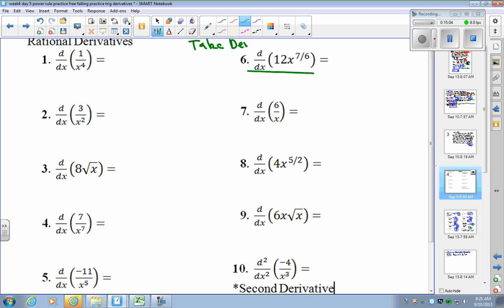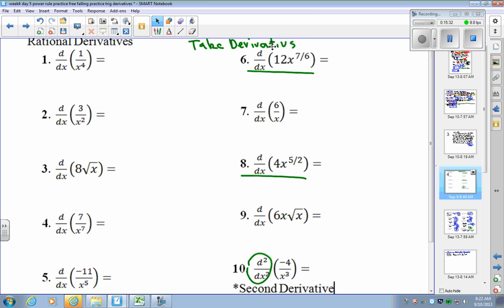All of these just mean take derivatives, except for number 10, and this notation says take the derivative once and then take it again. So that's called a second derivative. Okay? 6 is already good. It's in a toy train. So is 8. But on the other ones, make them toy trains first.